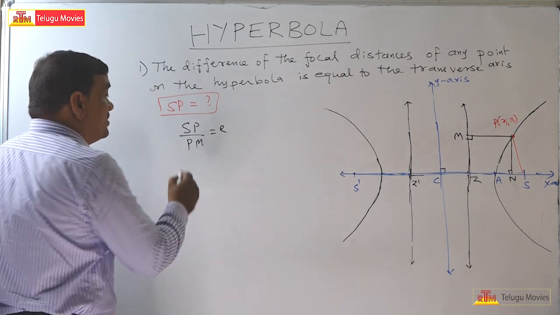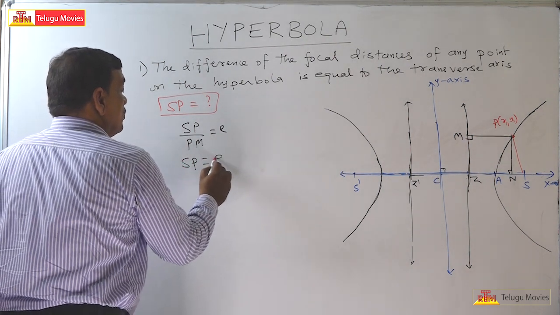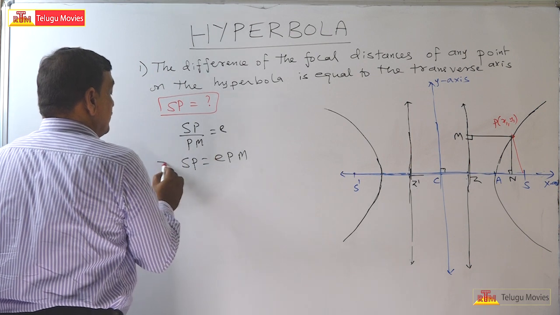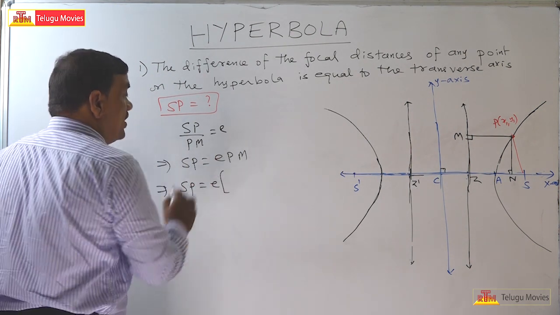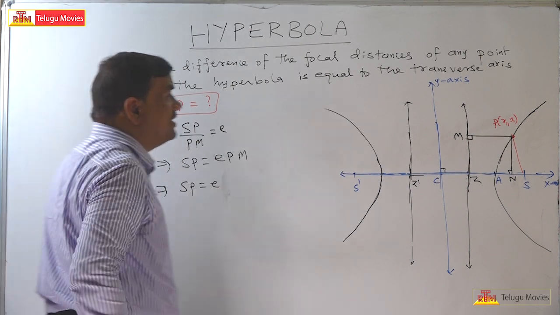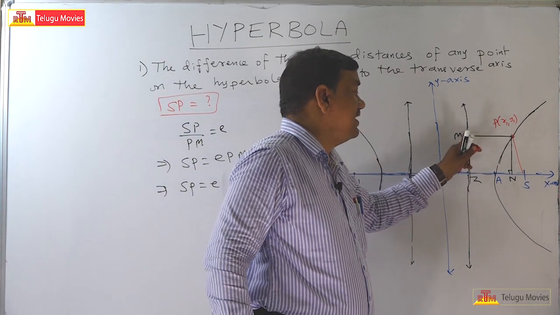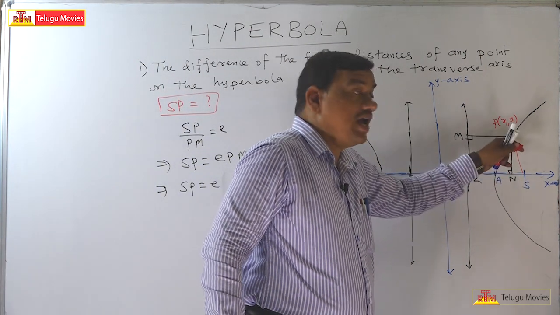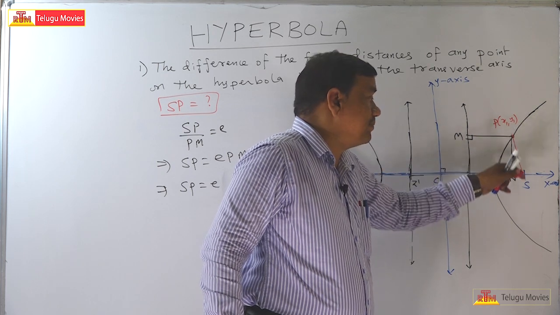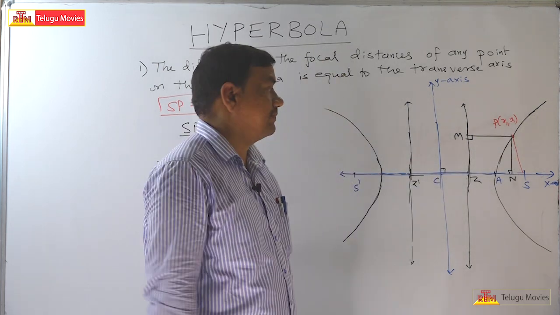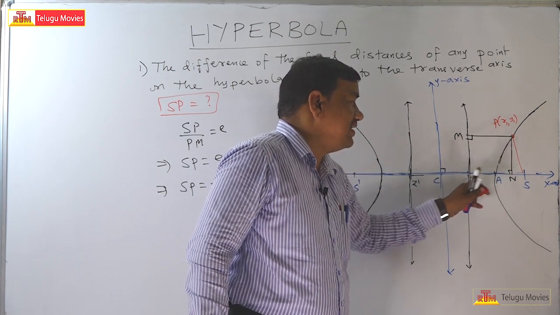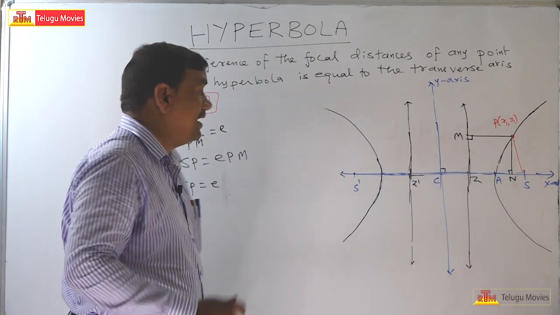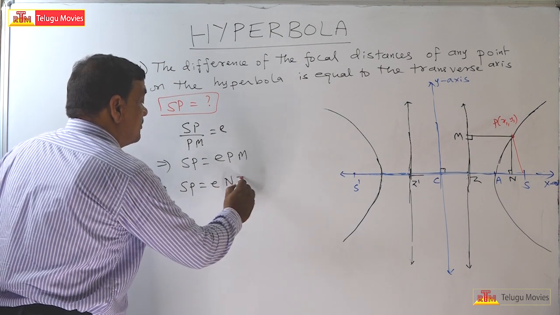We want the distance SP, which is equal to e times PM. Understand? SP is equal to e times PM. I have drawn a perpendicular from P on the axis, so from the diagram, PM is nothing but NZ.